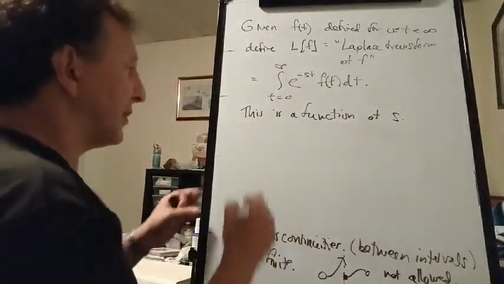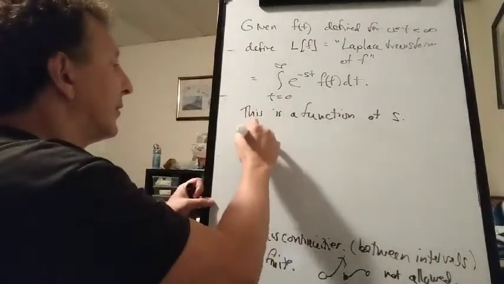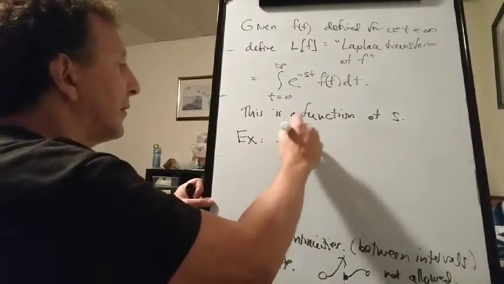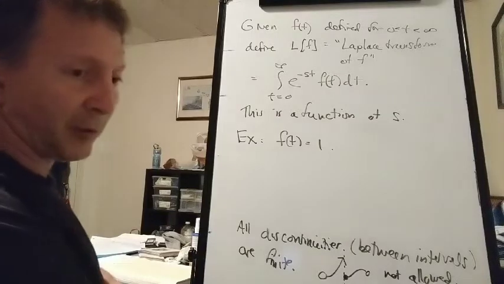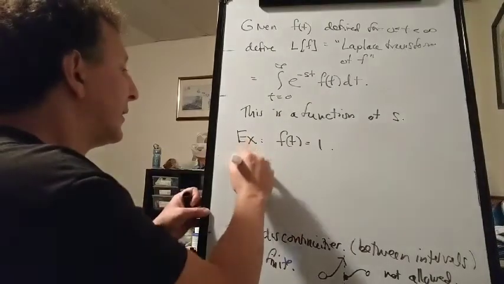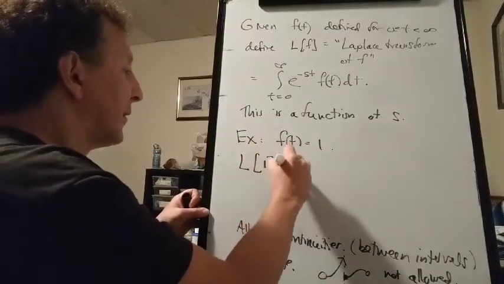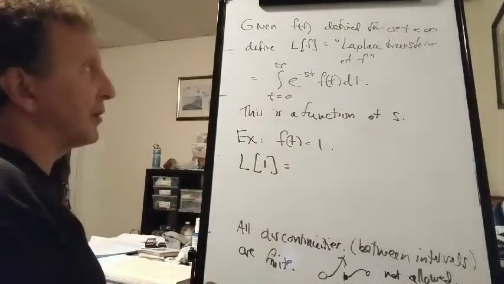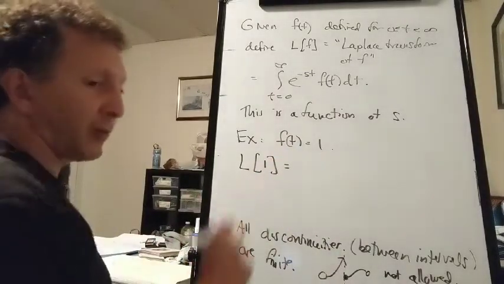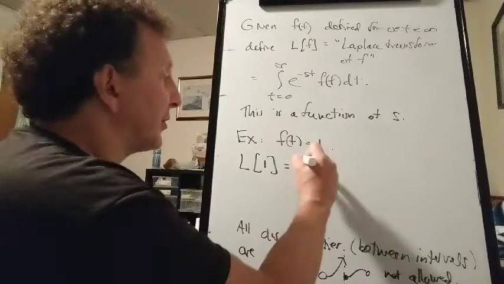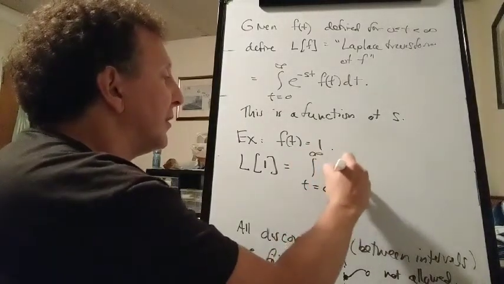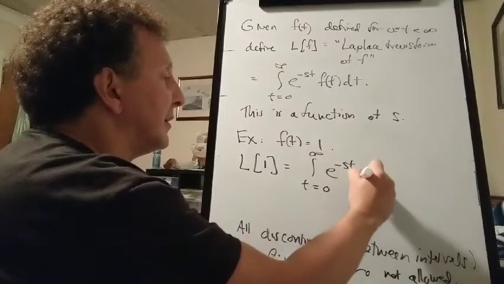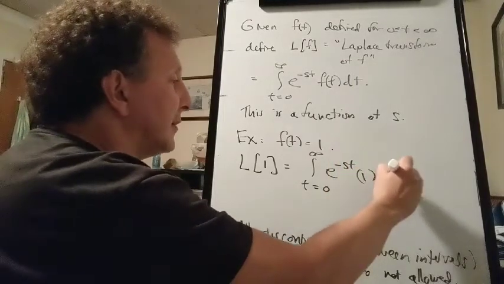So let's do a couple examples. Let's look at the simple function f of t equals 1. The Laplace transform of the function 1, L of 1, equals the integral as t goes from 0 to infinity of e to the negative st times 1 dt.